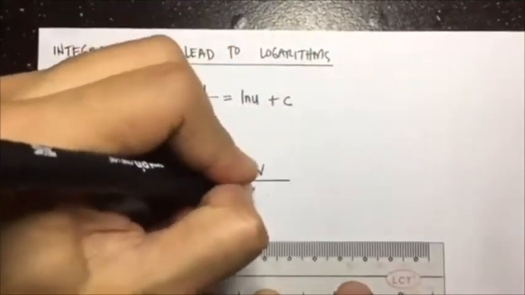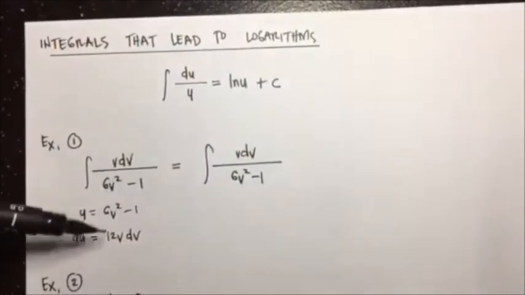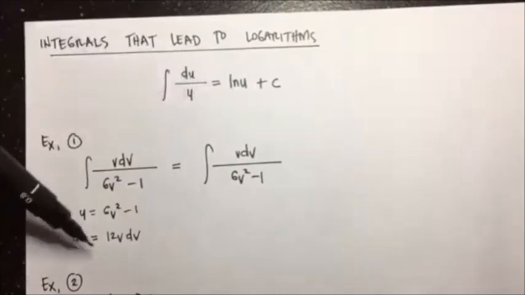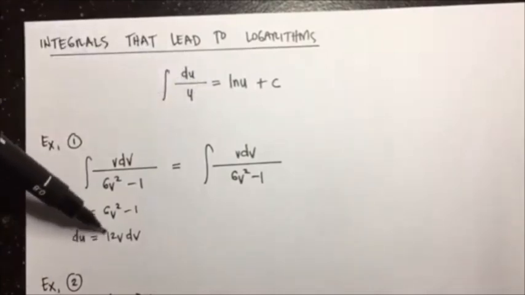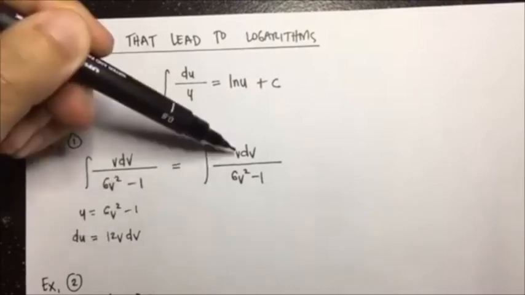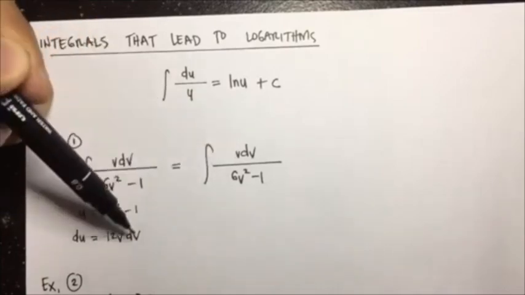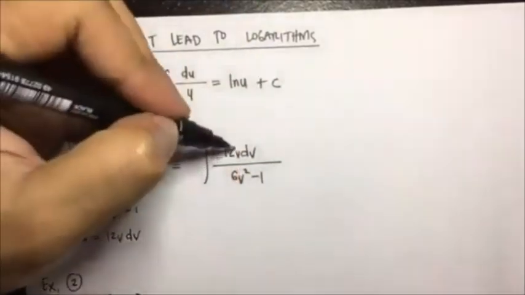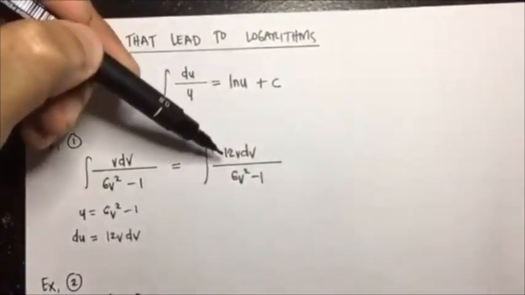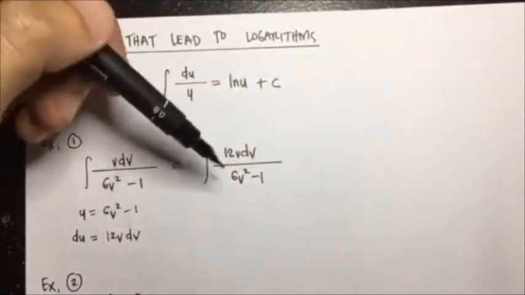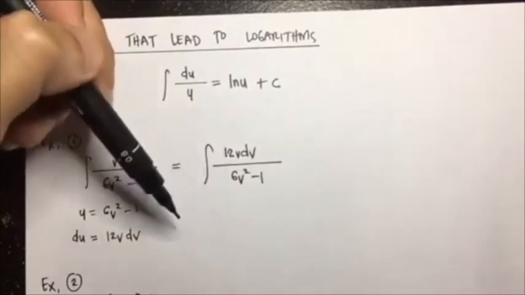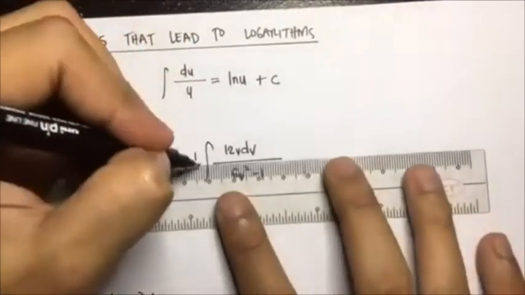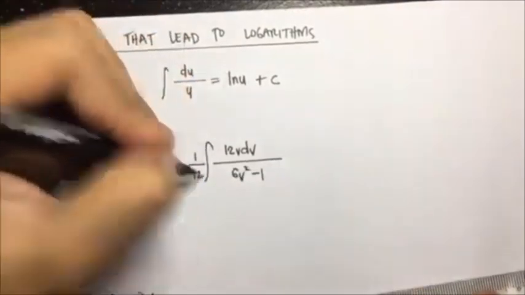6v squared minus 1. Okay, so again, for us to apply the formula, we need the coefficient of 12. The numerator should be 12v dv. So we add 12, and in multiplying the numerator by 12, we also have to multiply the denominator with the same. But since this is a constant, we can write it outside the integral sign, so 1 over 12.